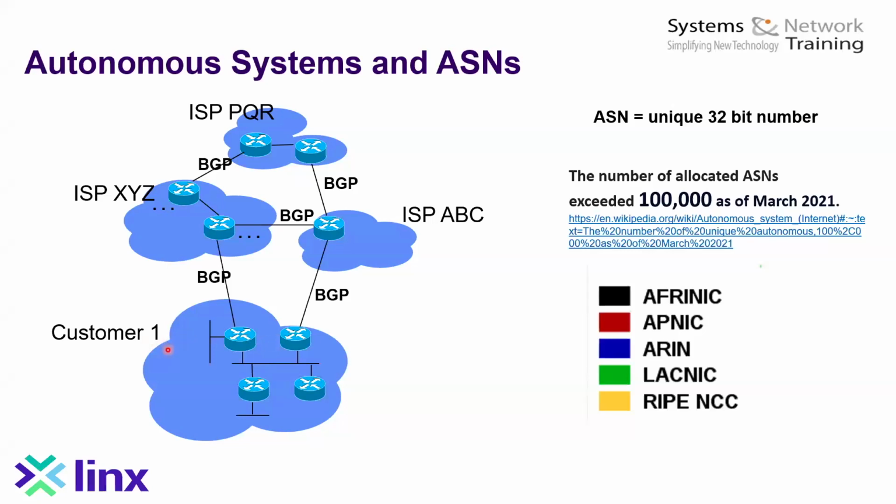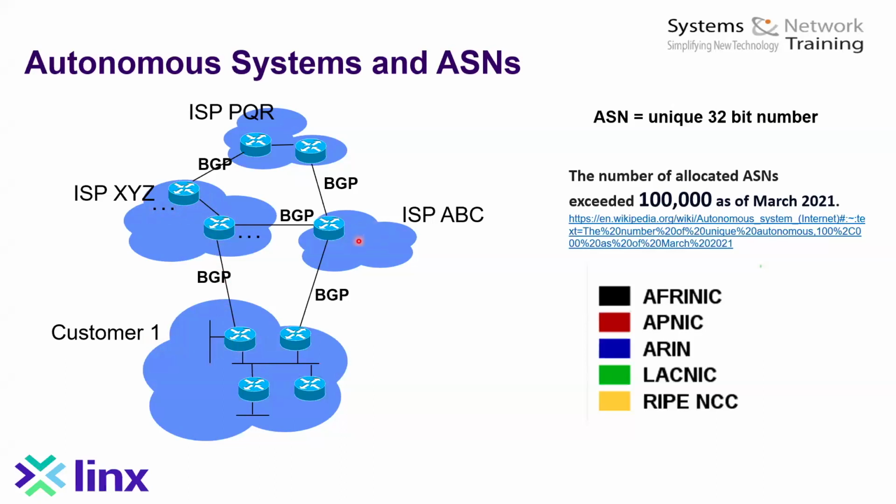And let's say this is a customer called customer 1. When that customer 1 wants to connect to the bigger, wider internet, maybe they have a contract with service provider XYZ, and service provider XYZ has its routers, as we can see here. And maybe they don't just want to use one service provider in case that service provider should fail.